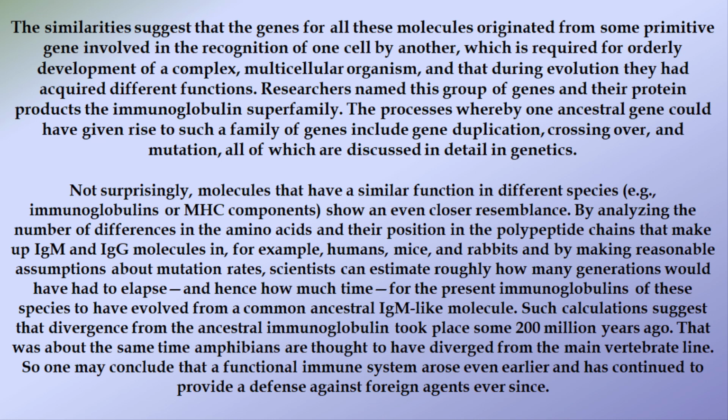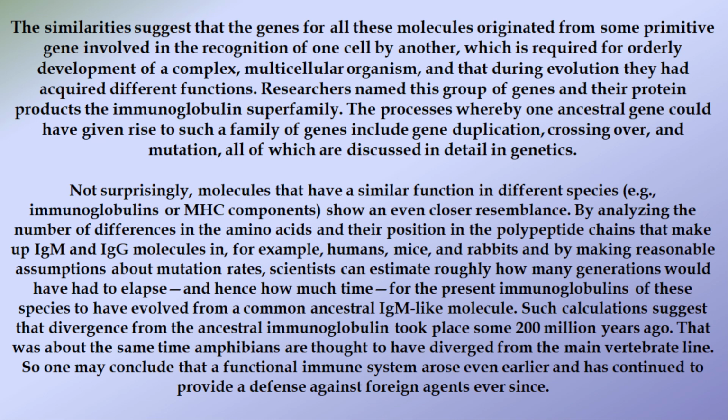By analyzing the number of differences in the amino acids and their position in the polypeptide chains that make up IgM and IgG molecules in, for example, humans, mice, and rabbits, and by making reasonable assumptions about mutation rates, scientists can estimate roughly how many generations would have had to elapse, and hence how much time, for the present immunoglobulins of these species to have evolved from a common ancestral IgM-like molecule.